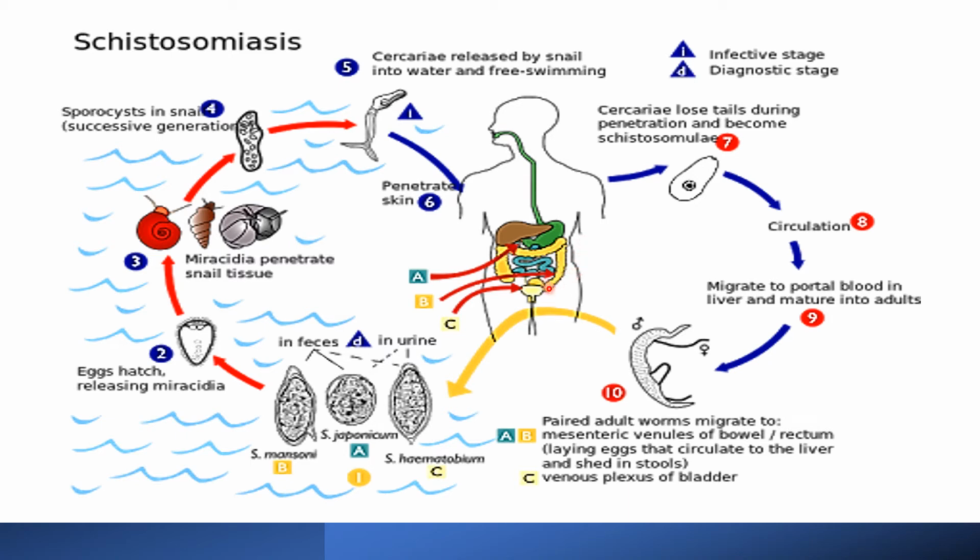That's why it is pointed out here in the colon, in the sigmoidorectal region. For S. japonicum, it is in the small intestine, in the superior mesenteric vein. And for S. hematobium, it is in the veins surrounding the bladder, or the pelvic plexuses.